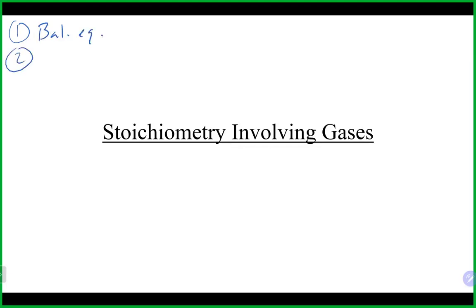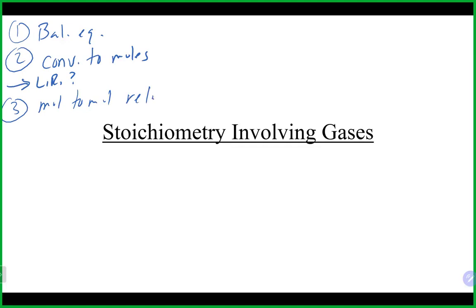We want to take whatever they give us and convert to moles. Remember at this point, if it is a limiting reagent problem, you may have to do a calculation. 3 is do your mole to mole relationship. And lastly, moles to some other unit.